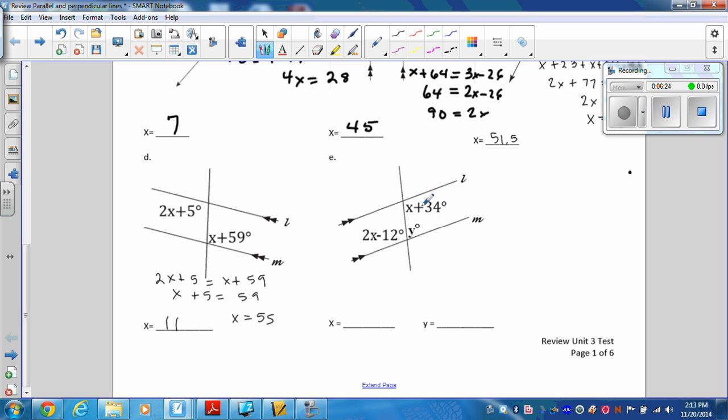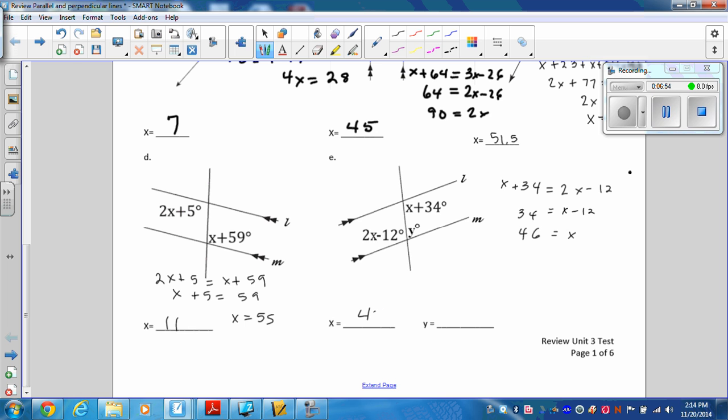Okay, again, we just realized that these two angles are equal, so let's set those equal to each other. x plus 34 equals 2x minus 12. Subtract x from both sides, so x minus 12 equals 34. Add 12 to both sides, so x is equal to 46. So in this case, you see that they wanted to find y.